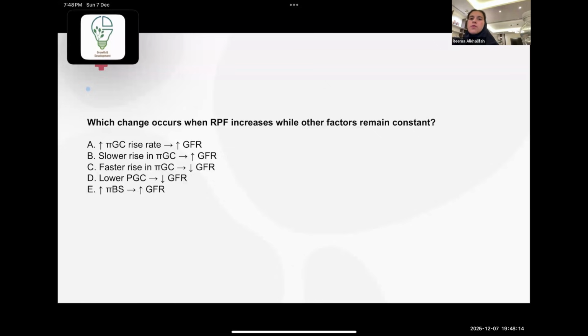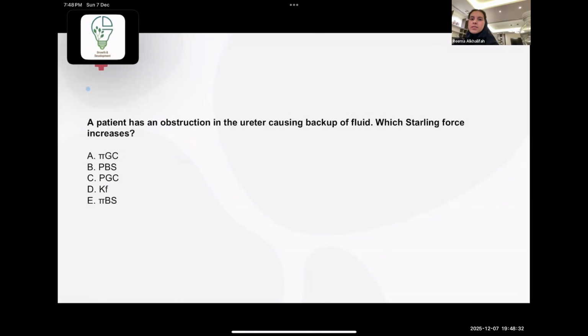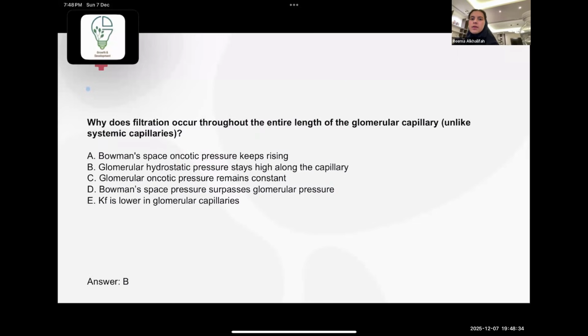Okay, so the correct answer is C. Faster rise, B, sorry, slower rise in the oncotic pressure of the glomerular capillary and an increase in GFR. Those are the two effects that are happening due to an increase in renal plasma flow, because here in the slide I mentioned those two effects.